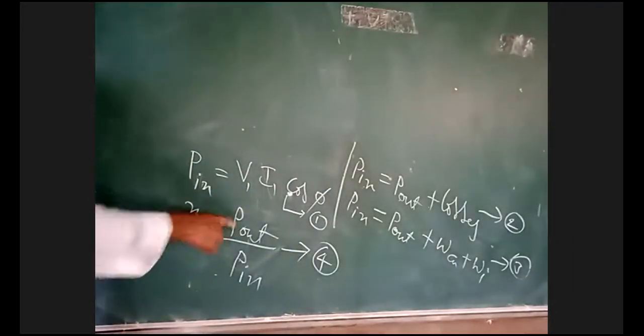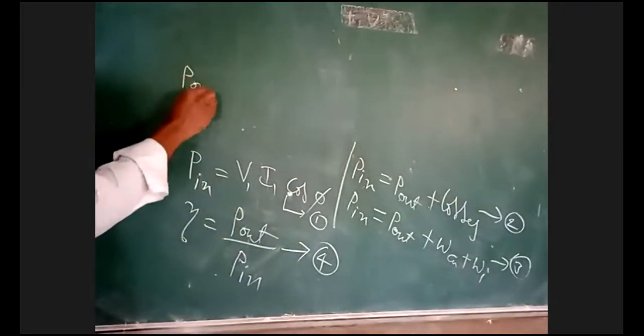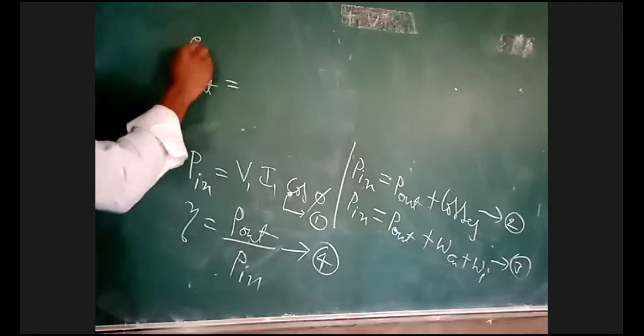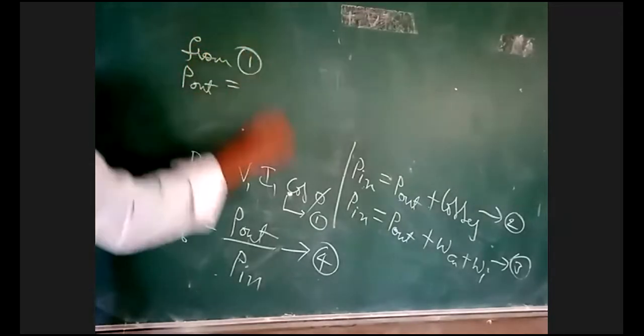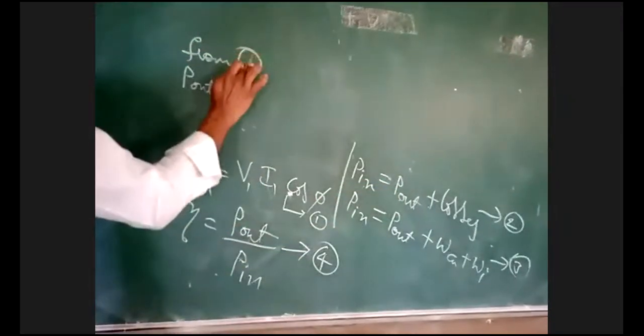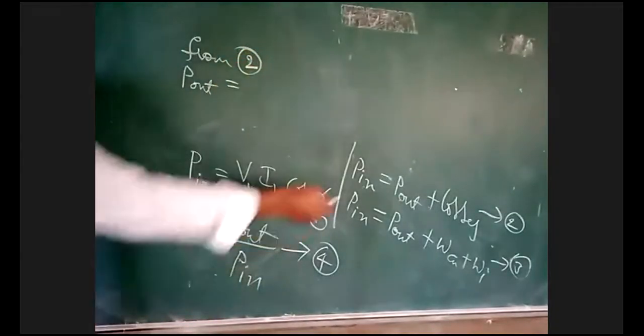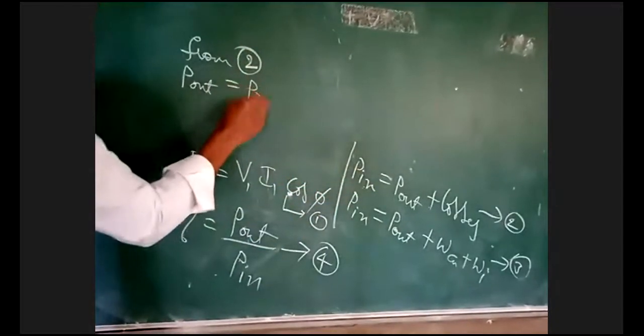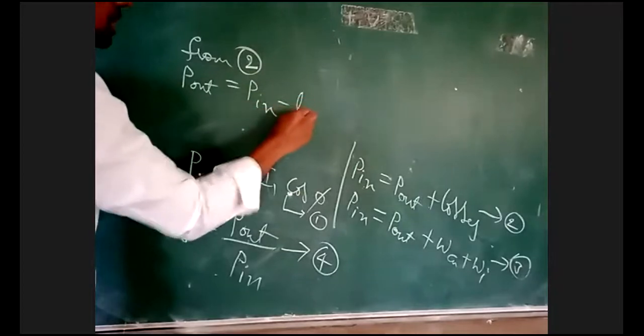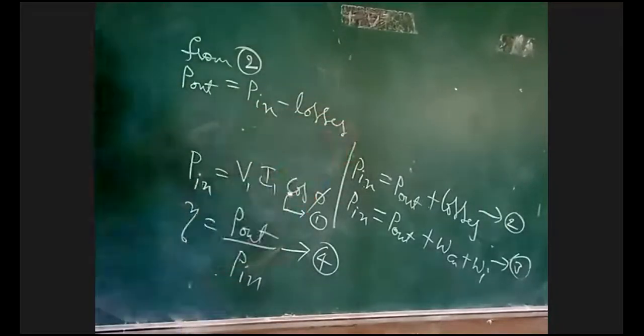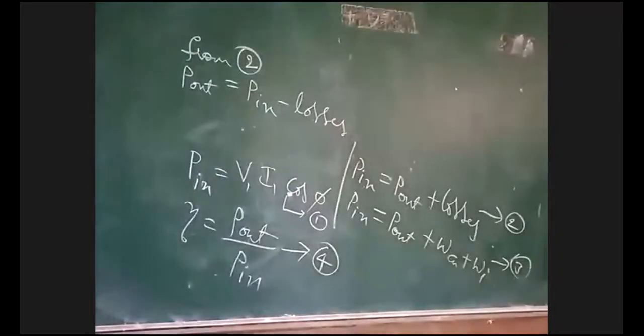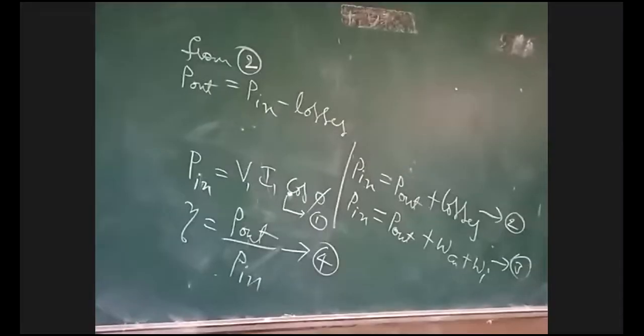Now I am writing output power from equation 2. From equation 2, P out is equal to P in minus losses. Why am I representing output power in terms of input power?